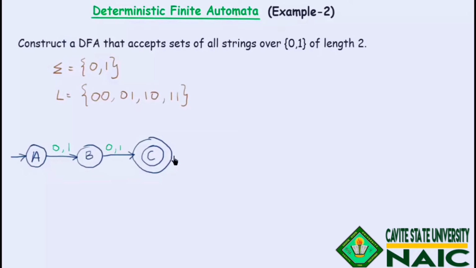I did not mention what happens if I get any input again in C. So whether I get input 0 or 1 in state C, I will send it to another state, which I will call state D. And state D is also not complete, because I did not mention what happens in D whether I get 0 or 1. So I give it a self loop, stating that whether I get input 0 or 1, it stays in state D itself.